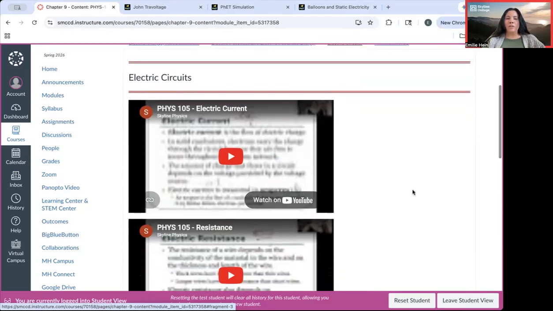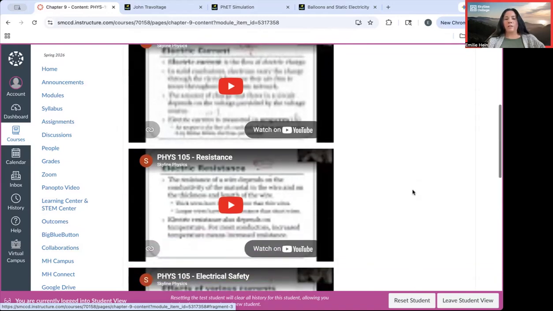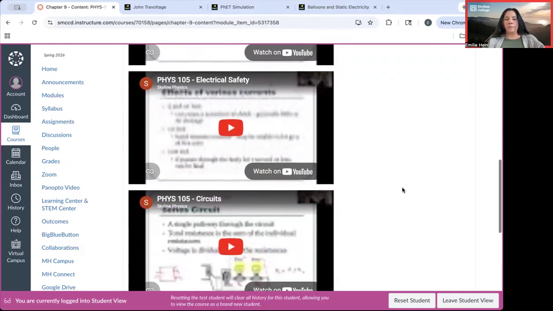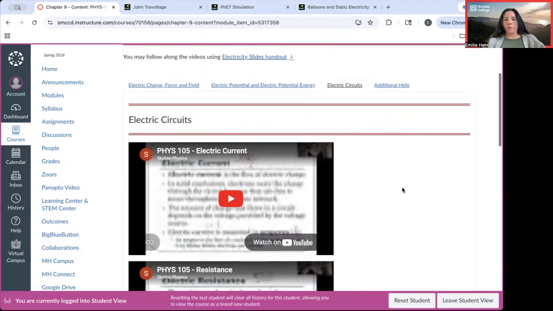So then we go into electric circuits. We're going to look at some simple elements that you can see in electric circuits, and we'll talk about electrical safety and power. So again, very important topics.